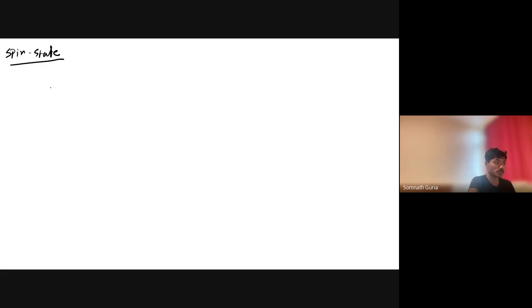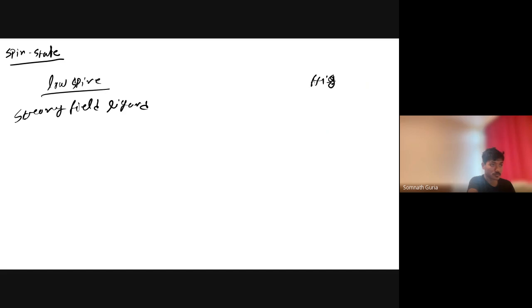For the low spin state we need a strong field ligand, and for the high spin state we need a weak field ligand.